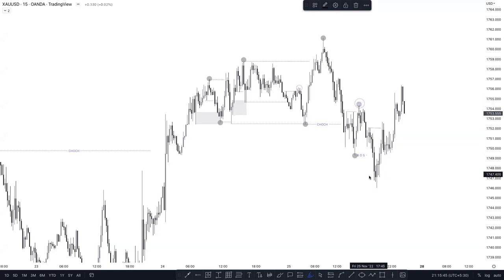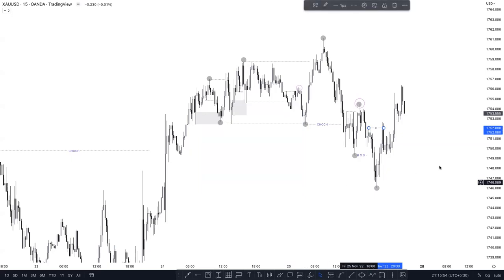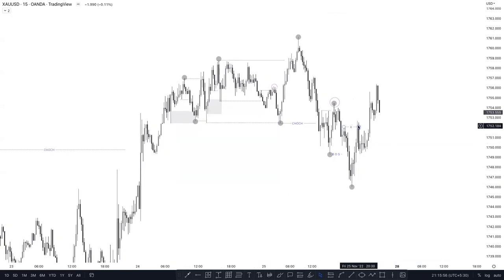lower low, lower high, lower low, right, and this one is our inducement, right, and you can sell here, but what happened here, market swept, I mean broke this high, first sweep, and the next time closed above it.